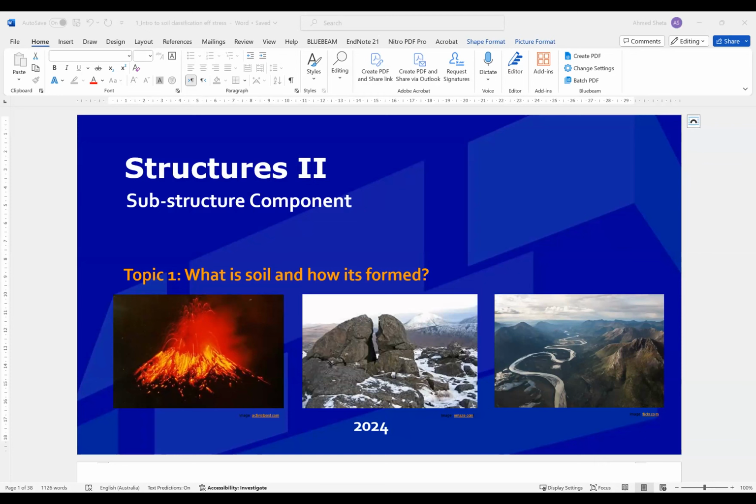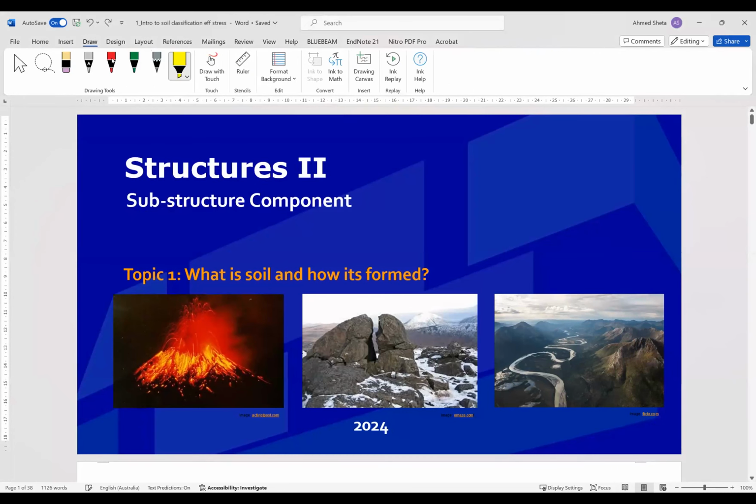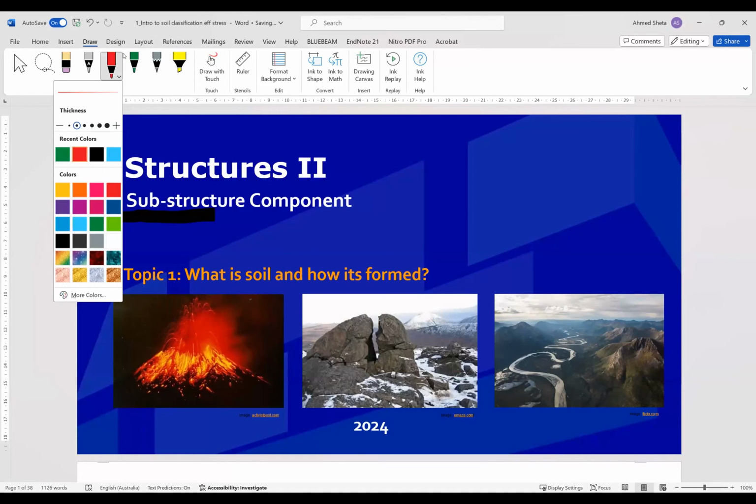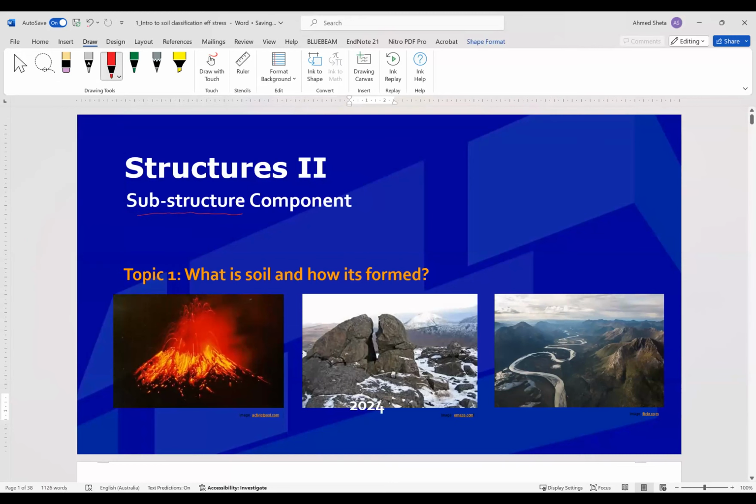For the substructure part of the course, it is about 33% of the total grade, so you have 66% for the superstructure component.